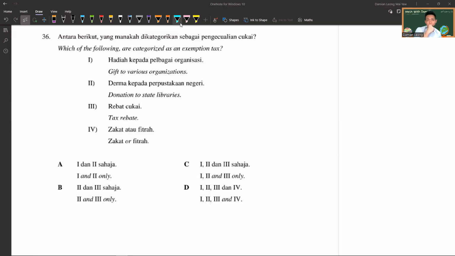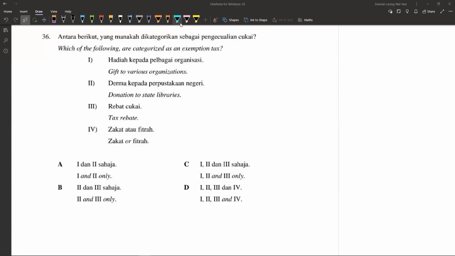This is more like tax deduction, which is given to organizations.